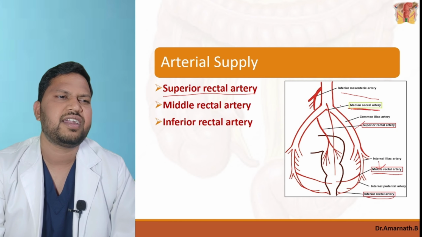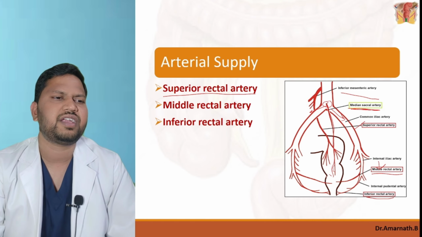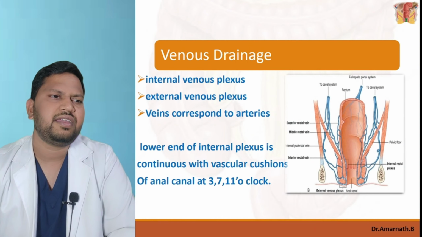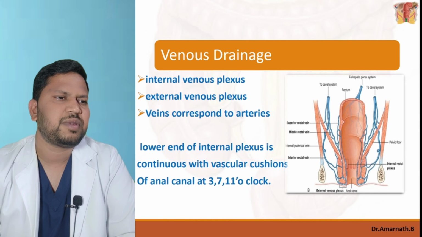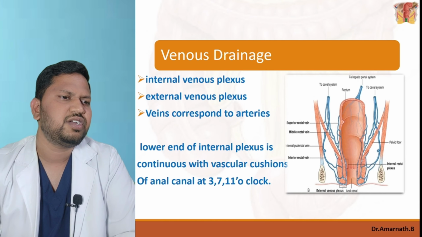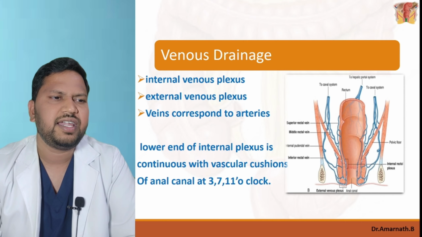From here it comes downward posteriorly and supplies the middle part of the rectum. In the rectum, venous drainage takes place through veins that form plexuses, that is, the internal plexus and external plexus.